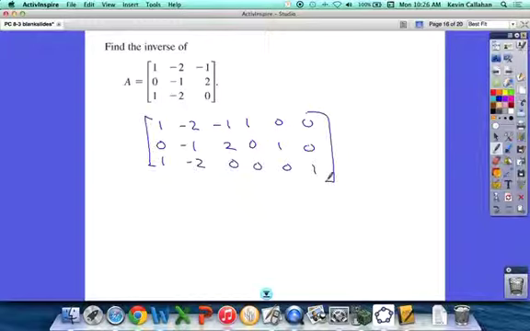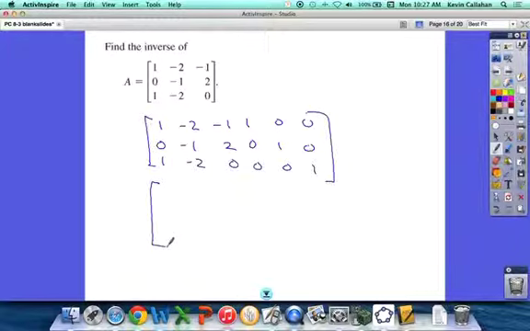It doesn't matter. I mean, if you want to put some dots in there. So let's see. How do you think we could make a 0 here? We need to make a 0 in this position. We already got one there. What combination of rows could I do? How about multiply this one by negative 1 and then add it to this one, and that would work. Okay, so let's do that.